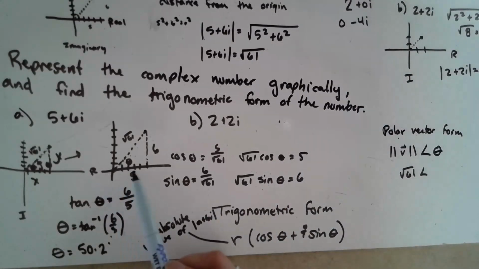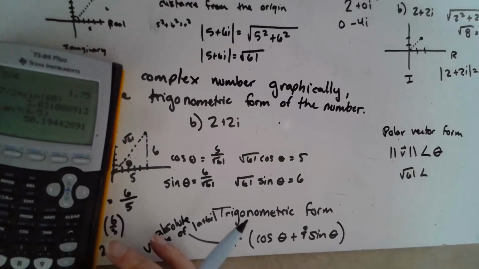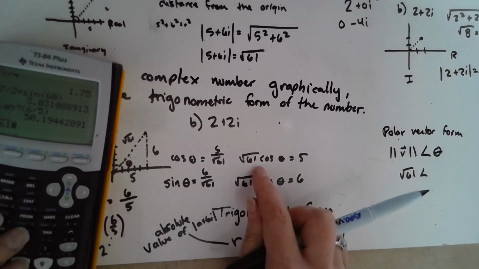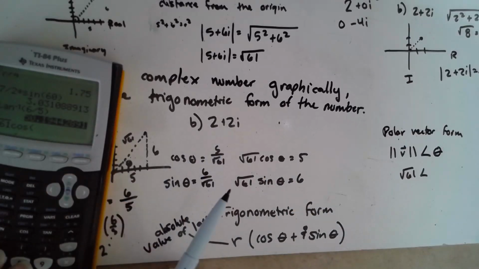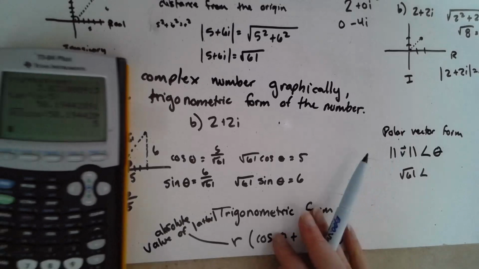So really, 5 is square root 61 cosine theta. If I put it in my calculator, square root of 61 cosine of my angle, I'm going to get 5.